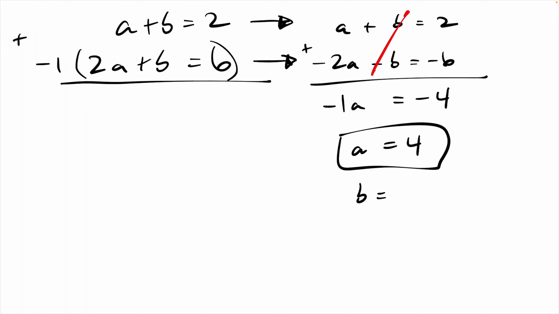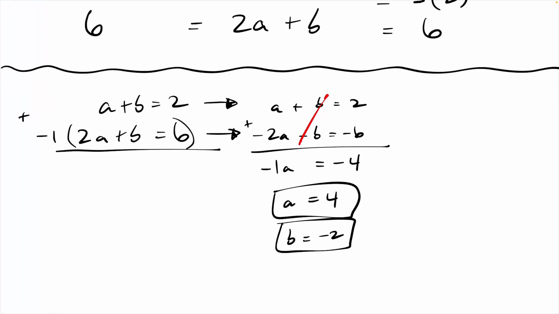You just plug it in. Either one works. What would b be? It would have to be -2, because if I add 4 to what number would get 2? The only way to make it 2 is to add a negative, so it would be -2. And you're done.